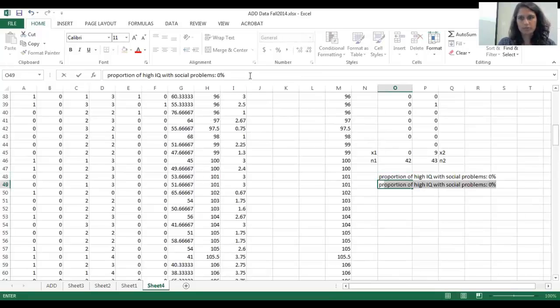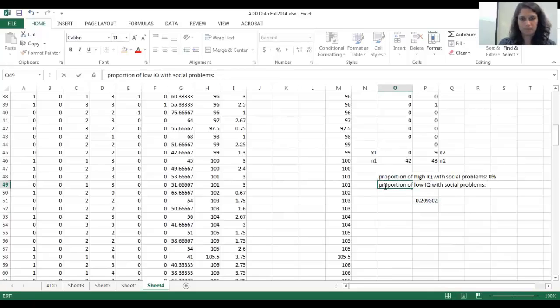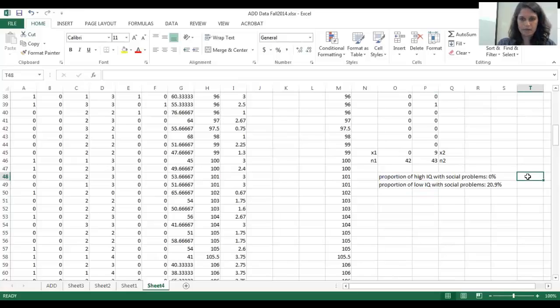The proportion of the low IQers with social problems is 9 out of 43, or 20.9%. And again, this is 0 out of 42, and this is 9 out of 43. So I used Excel to go ahead and count these.